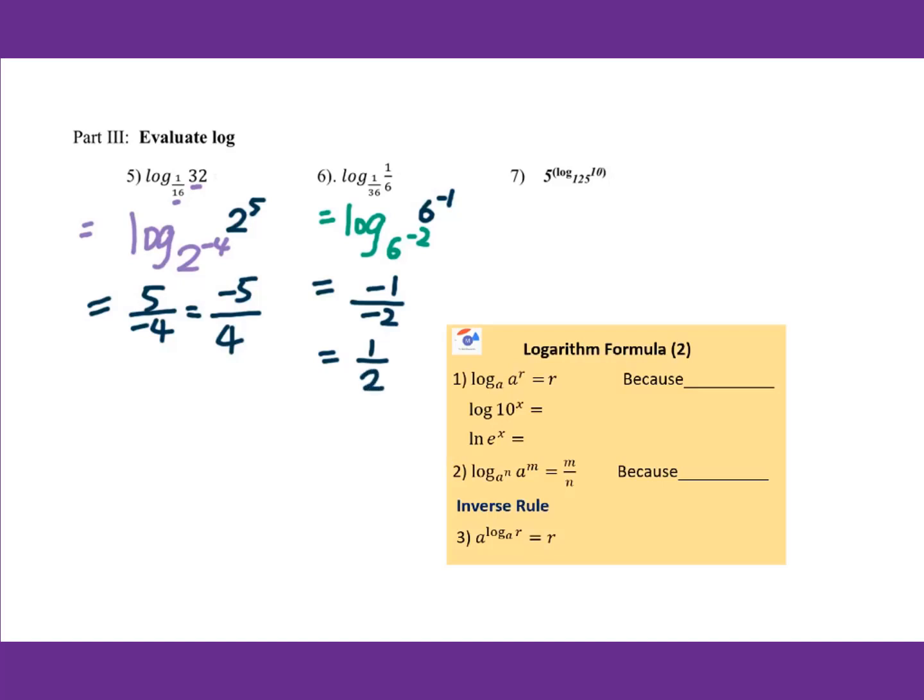For number 7, you have to use this inverse rule. Try to make the same base like 125. We know 5 to the third power equals 125, which means from 125, we do 1 over third power, we get 5. Therefore, we got 125 to the 1 over third power.